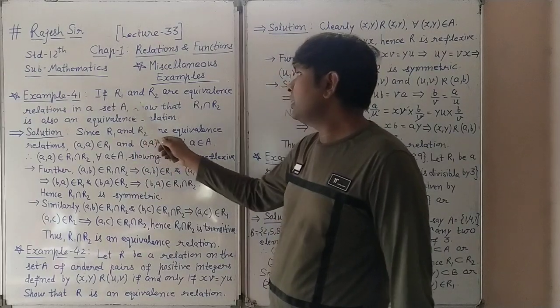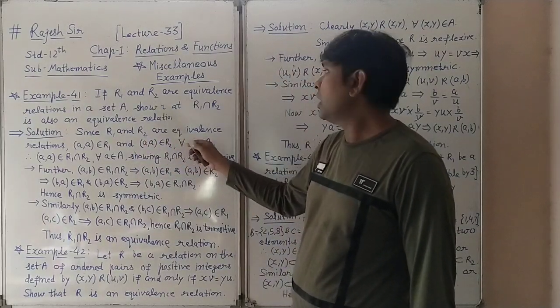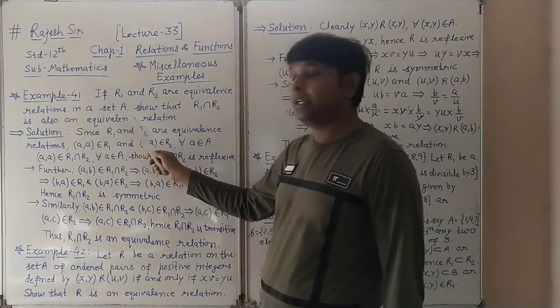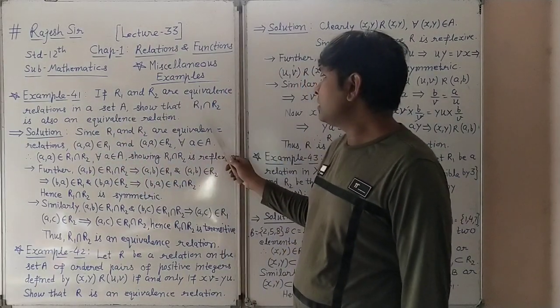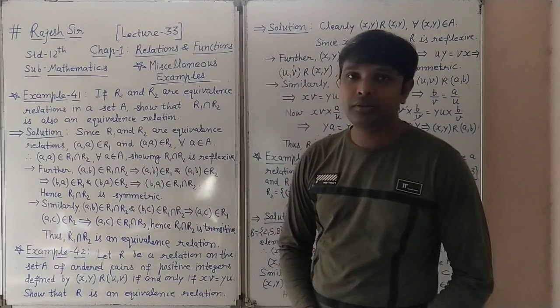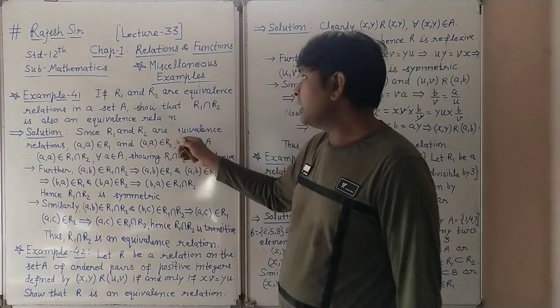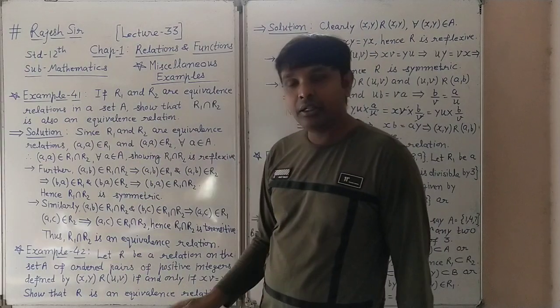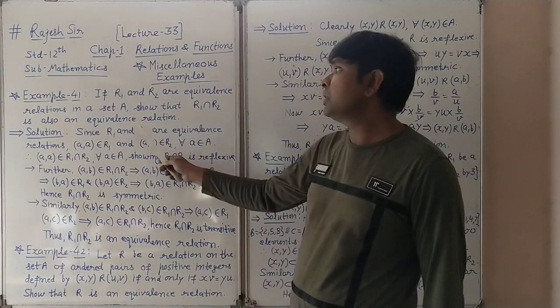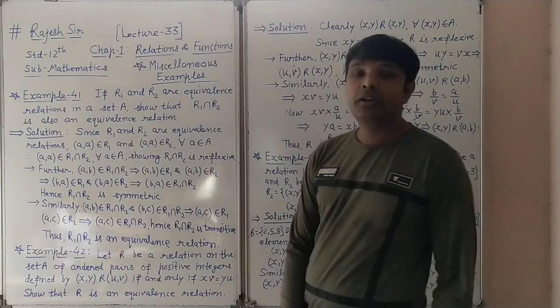If R1 and R2 are equivalence relations in a set A, show that R1 intersection R2 is also an equivalence relation. Separately, R1 and R2 are given as equivalence relations, and we have to show that R1 intersection R2 is also an equivalence relation.